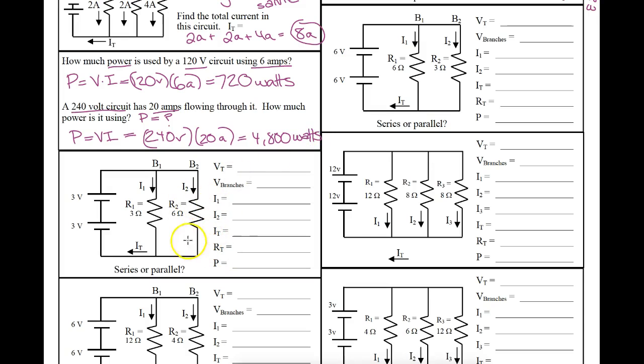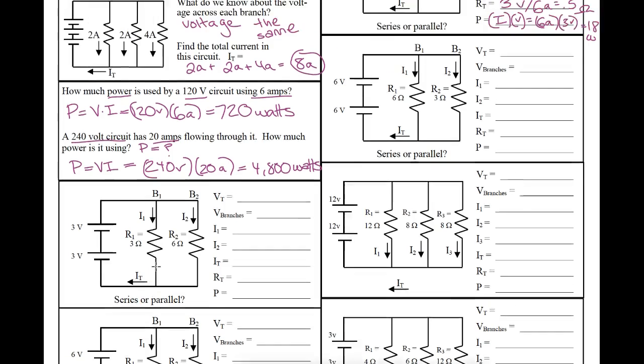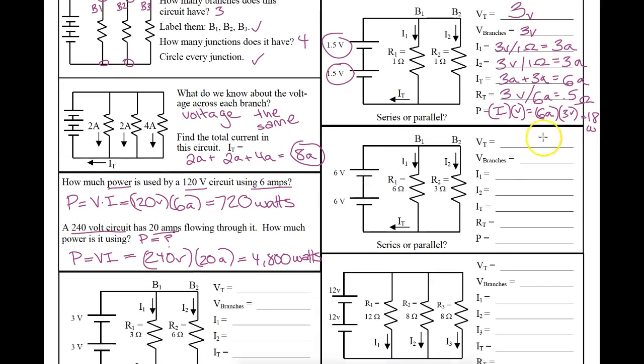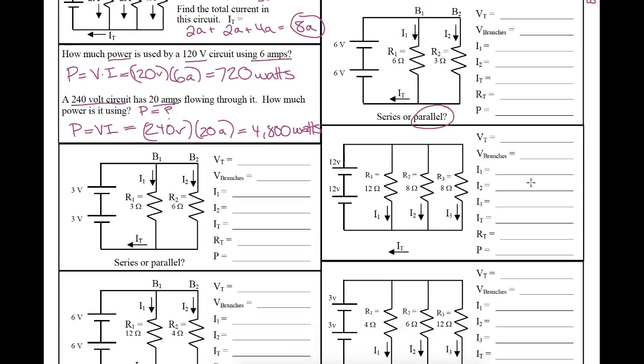We're going to take a look again at some circuits here. They want to know if it's series or parallel, which I actually forgot to do up on this one right here. This is definitely a parallel because it has 2 parallel branches. Okay, this one also parallel, and this one also parallel.